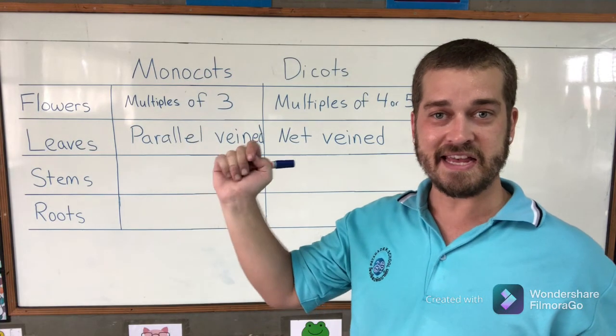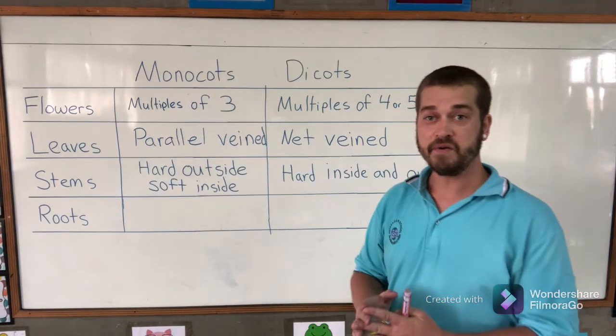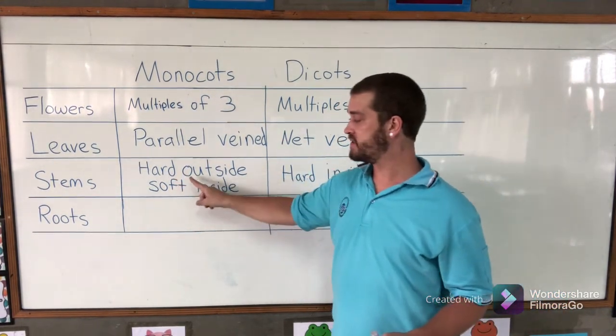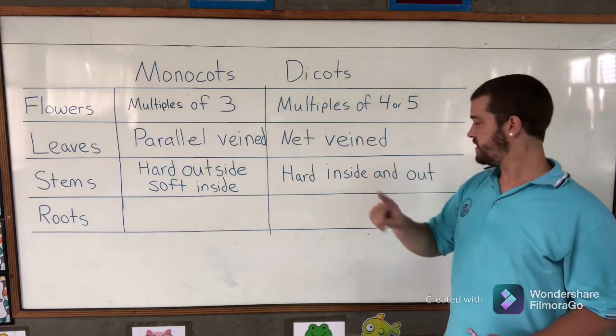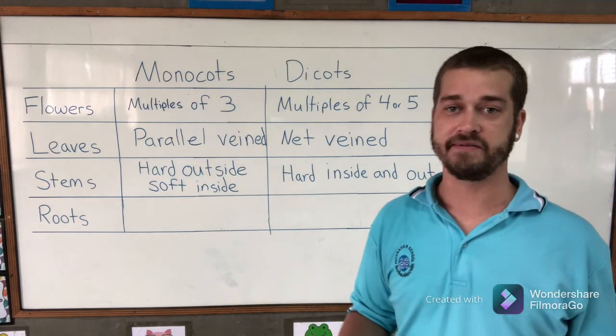So, monocot is squishy, dicot is hard like wood. In your notes for monocots, stems, they're hard outside, soft inside. Dicots, hard inside and out. Make sure you write that in your notes.